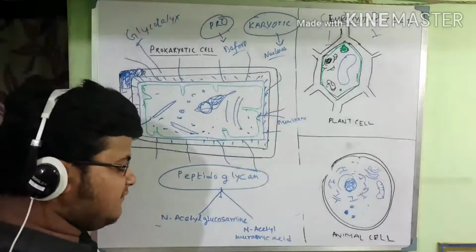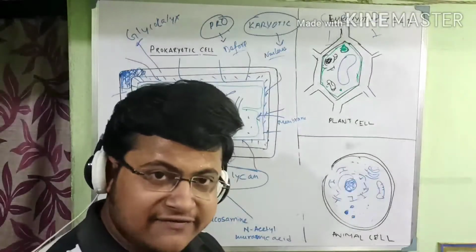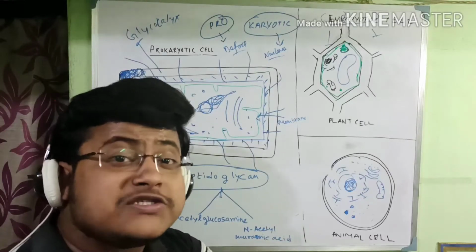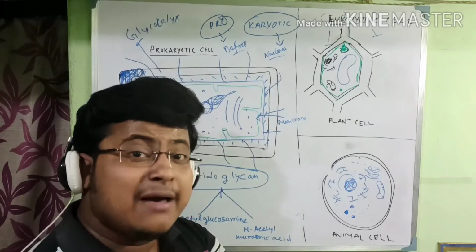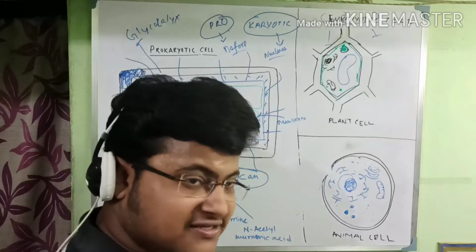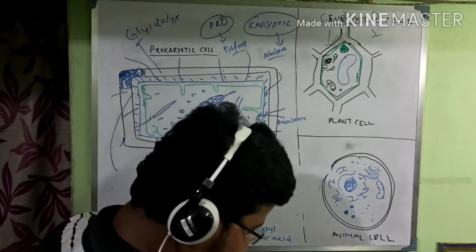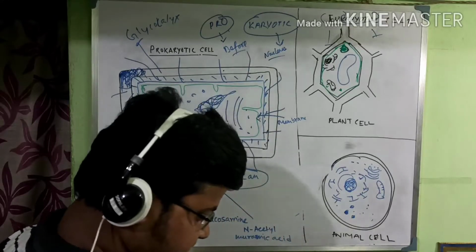These two types of chemical substances are cross-linked with an amino acid. So this is the bacterial cell wall.